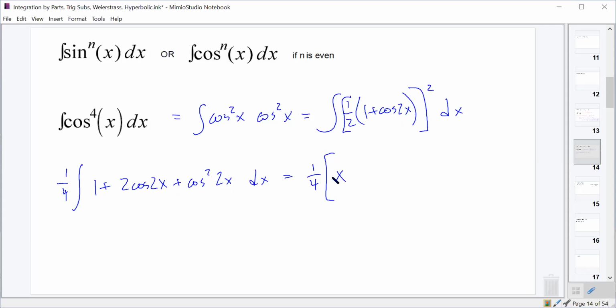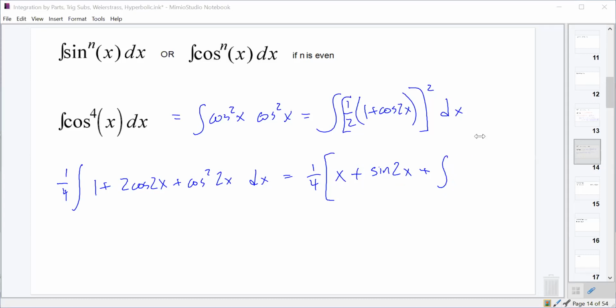And the 2 cosine 2x, what does that integrate to become? Should just be the sine of 2x, right? Good. Okay.